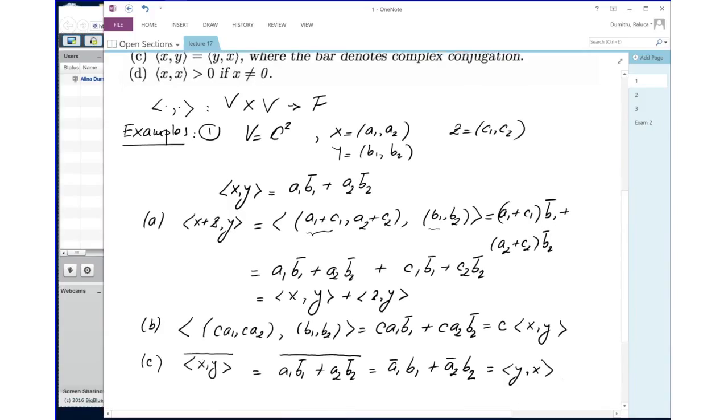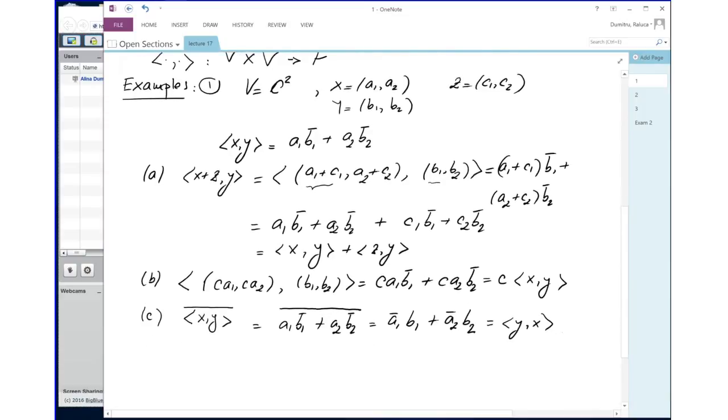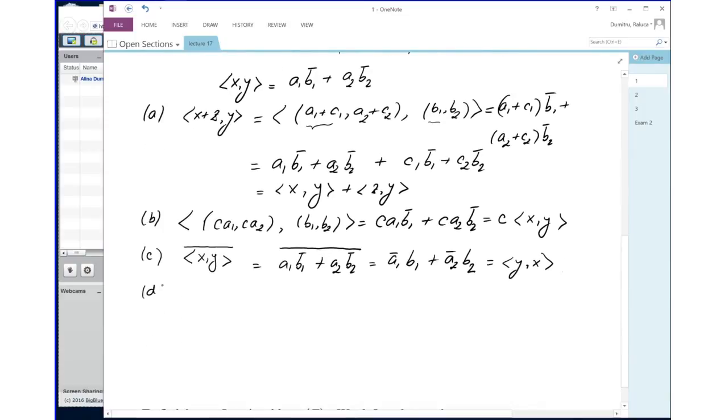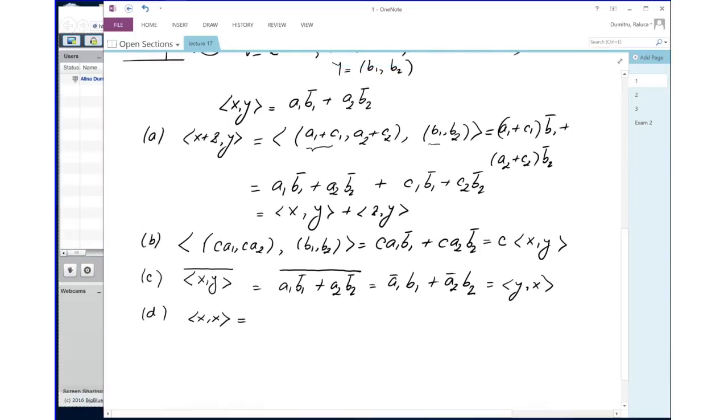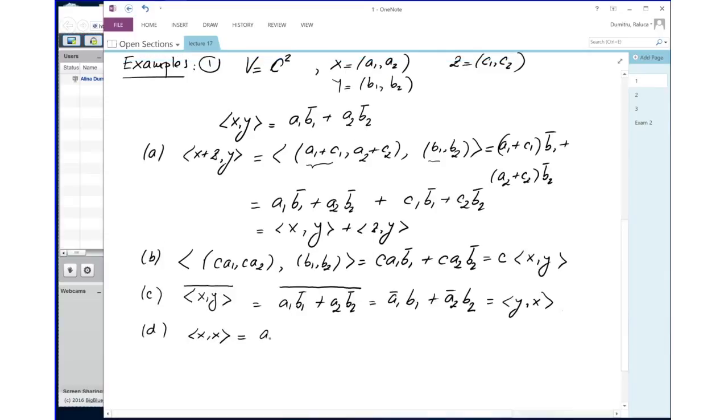Okay, what else? Inner product between a vector and itself is always strictly positive if the vector is non-zero. What's the inner product between x and x? Well, it's A1, A1 bar plus A2, A2 bar, right? But what are those?